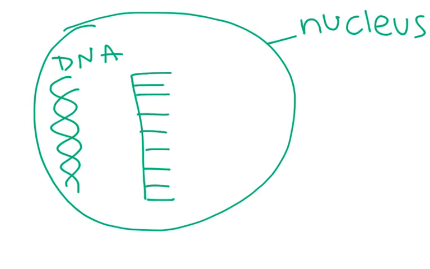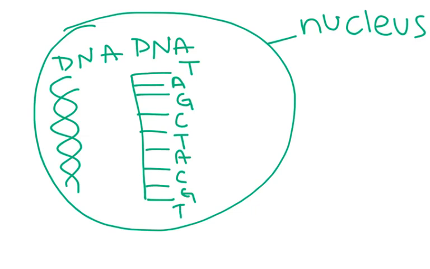This strand is going to have 9 rungs to it. I'm just going to put some random bases down there: T, A, G, C, T, A, C, G, T. Mine didn't really line up very well, but you have one base per line.